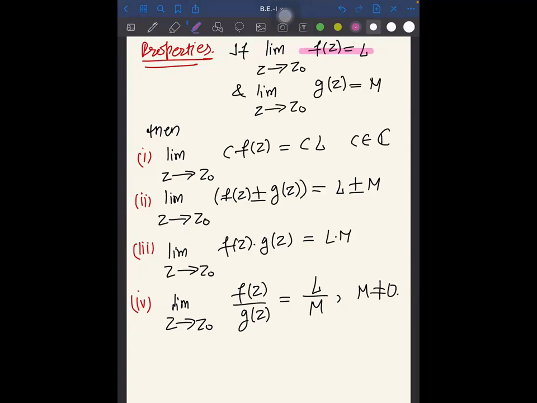If f and g both are continuous at z equal to z naught, then c times f(z) will also be continuous at z naught. f plus minus g will also be continuous. f into g will also be continuous. f by g is also continuous with one exception, that g(z naught) must be non-zero, right? All other properties will remain the same, they also hold for continuity.